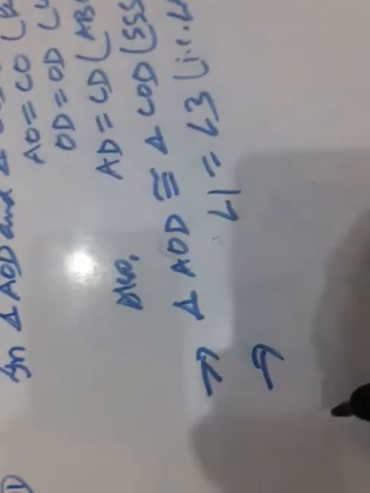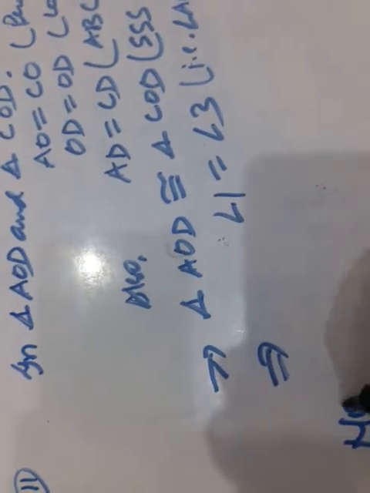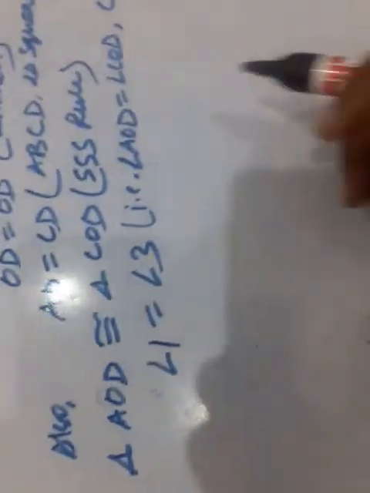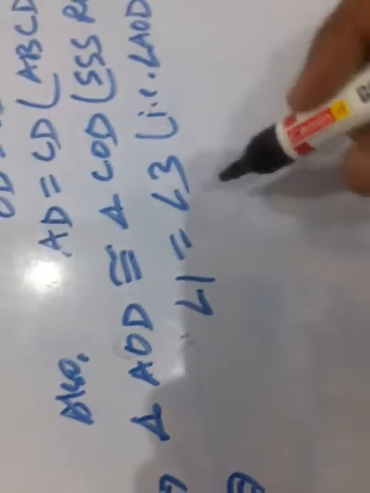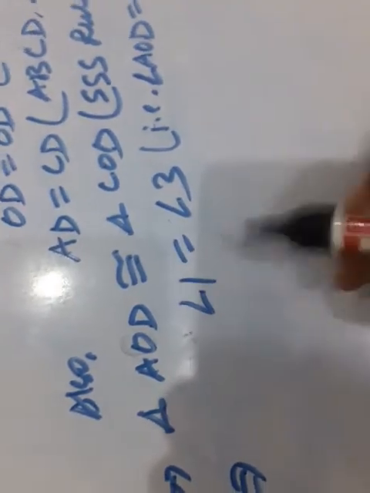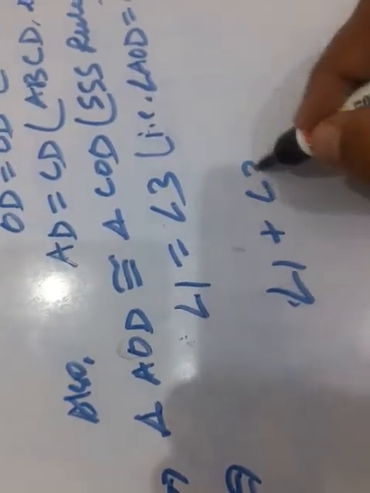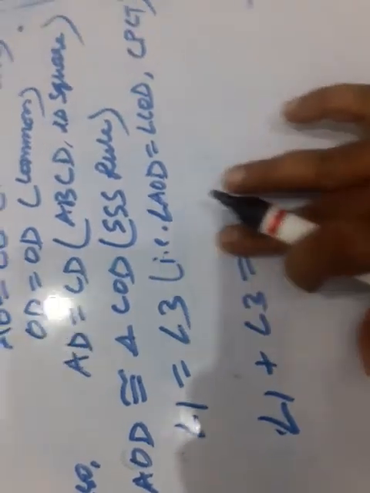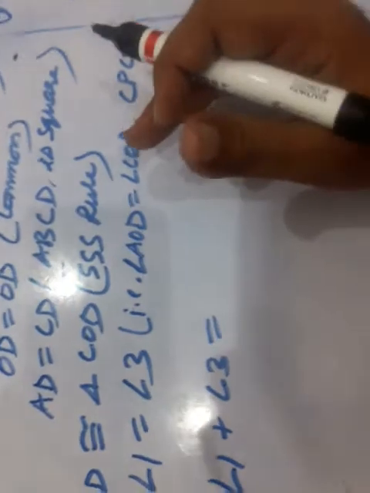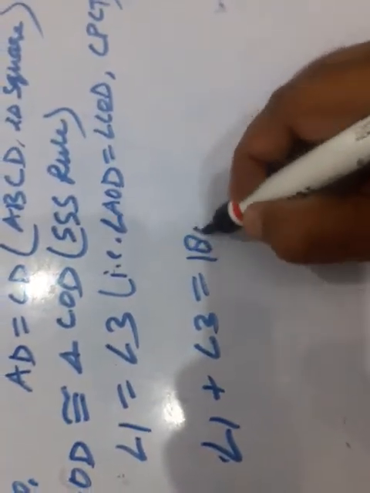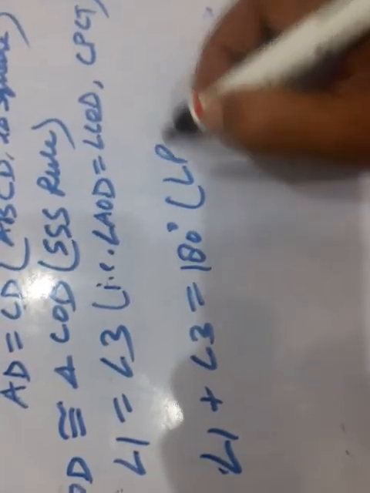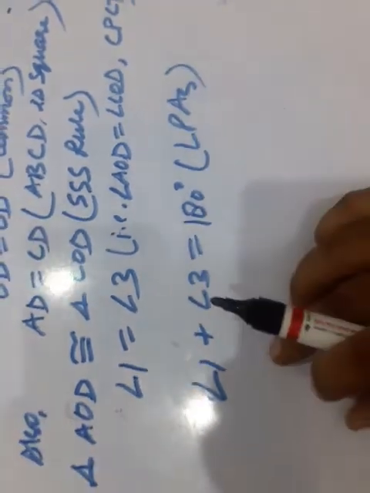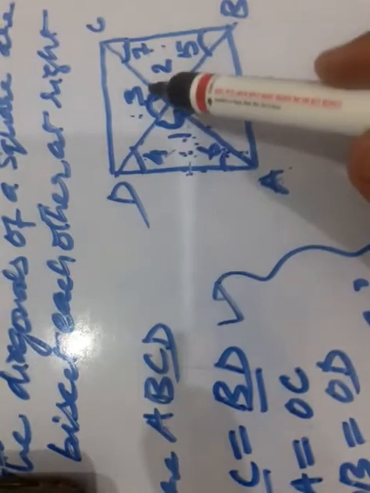Okay, children. Now angle 1 plus angle 3 equals what? That is 180 degrees. This is the definition of a linear pair of angles.